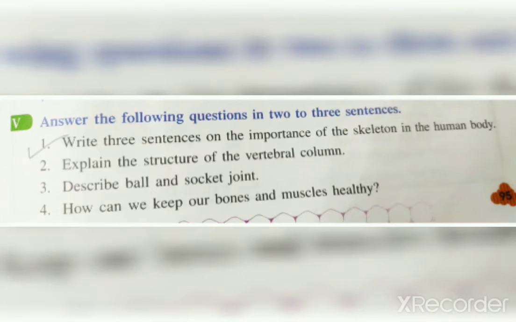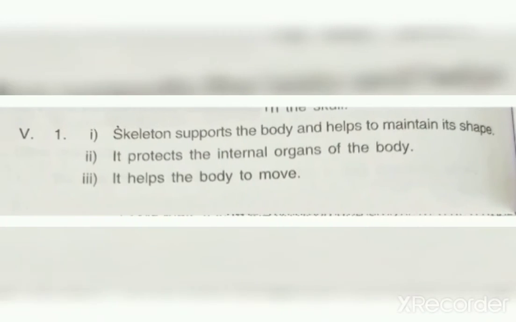Now next question, answer the following questions in 2 to 3 sentences. So the first question is, write 3 sentences on the importance of the skeleton in the human body. Answer for this question is, these are 3 points which are explaining the functions of the skeleton system.